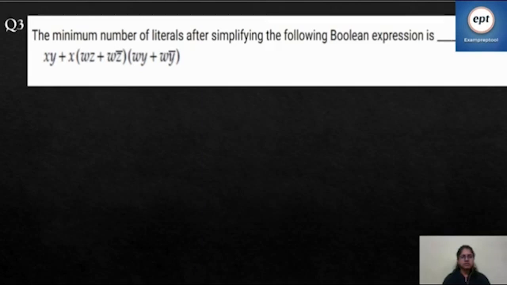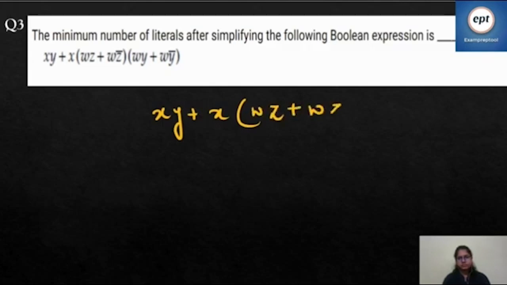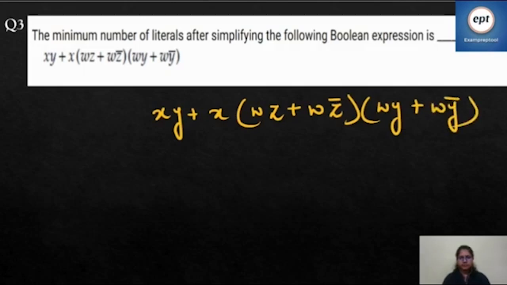A literal means a variable present after minimization. So the expression is xy plus xwz plus wz bar, multiplied by wy plus wy bar. This is the whole expression given to us.